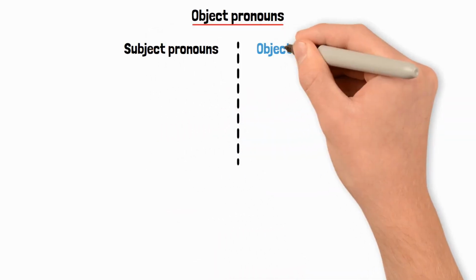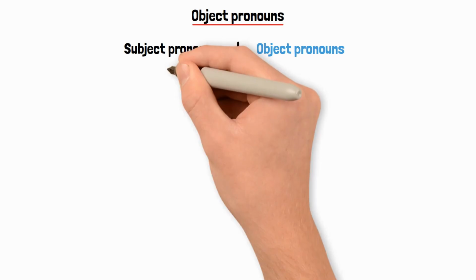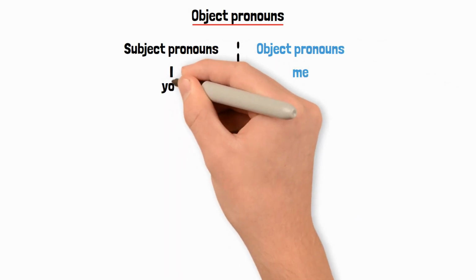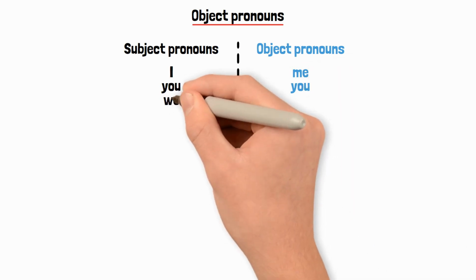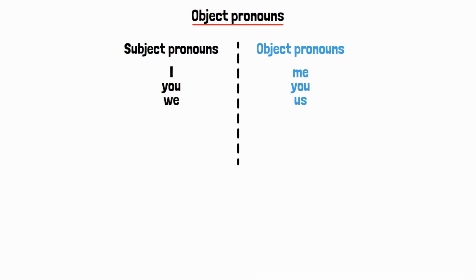You already know what subject pronouns are. So what are the object pronouns? Take a look. I becomes me. You stays you. We becomes us. They becomes them.